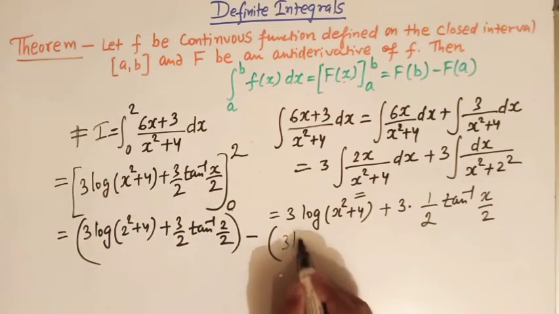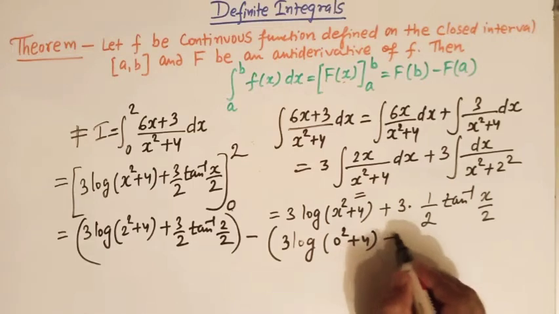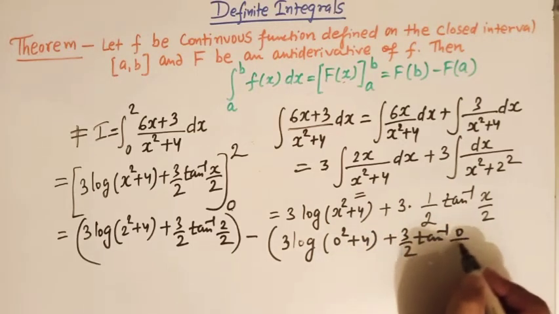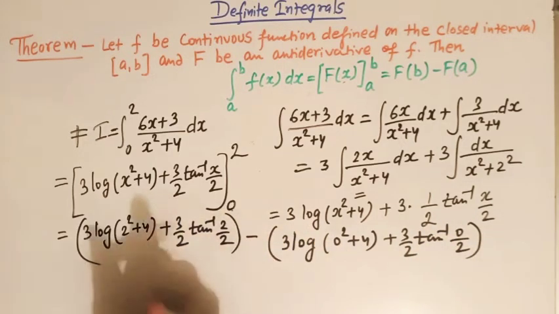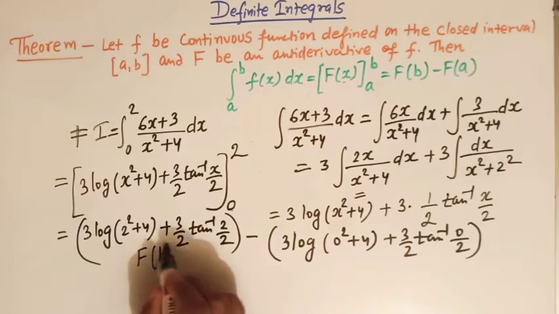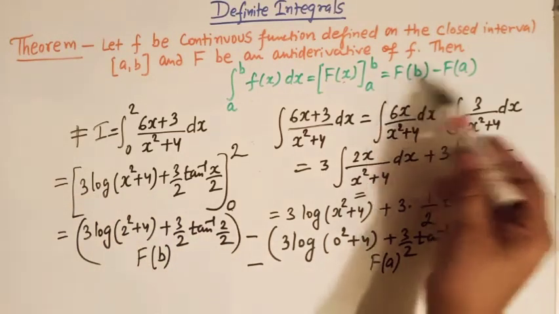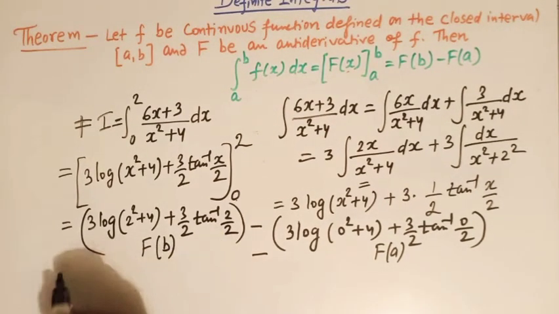So we have 3 log 0 square plus 4 plus 3 by 2 tan inverse of 0 by 2, right? So this is F(b) and this is F(a), right? Okay. Now let us simplify this expression.